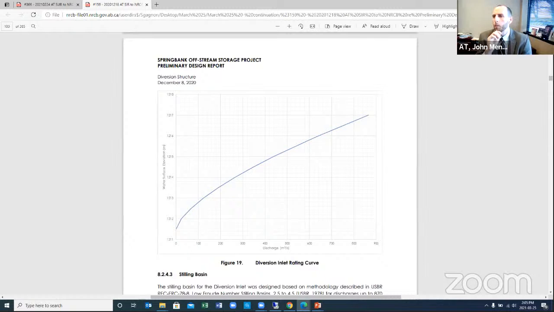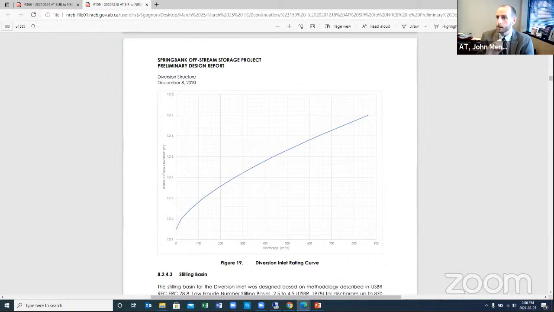Sure. So number one, the structure is not intended. The design operations parameters for this project are not to allow the flows to exceed 600 cubic meters per second. As such, we would close the gates to prevent flow from exceeding that number of 600. So number one, we would not intend to do that.